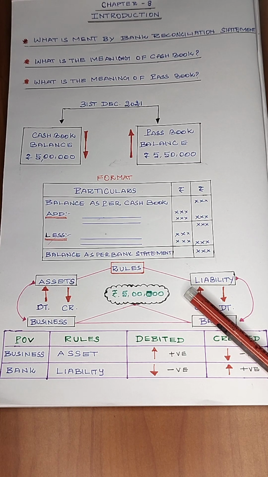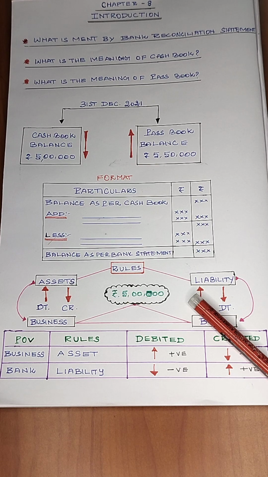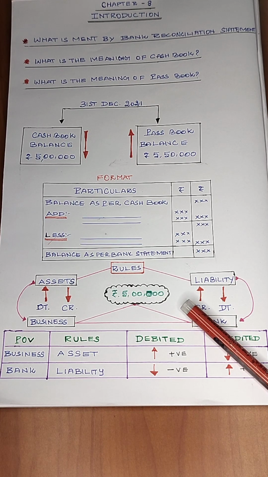The bank statement has the concept of assets and liability. It is very important. The rules of assets and liability are the most important for the bank reconciliation statement. Now we need to understand that we have to see from the business point of view and the bank point of view.